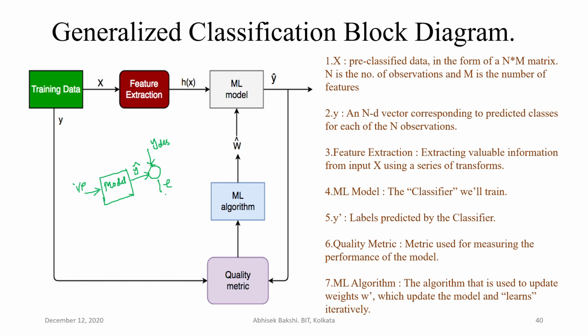This is the error that enters the ML algorithm. This ML algorithm changes the free parameters. And this happens repeatedly for all the input patterns. So that means machine learning continually happens in a loop. It's for sure.